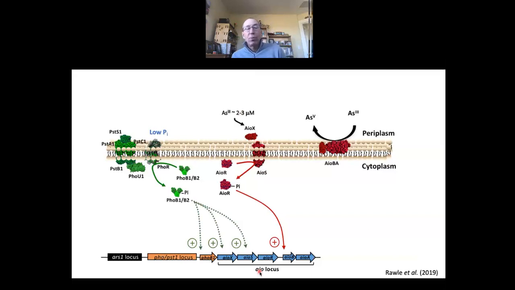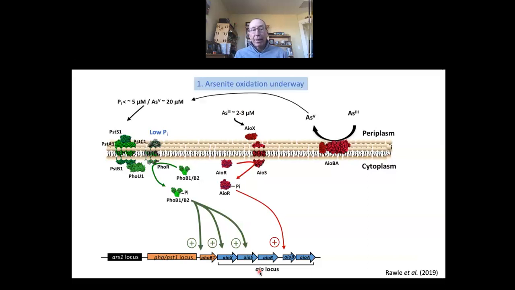So let's look a little more closely at what is happening under these conditions that we're using. When we have low phosphate, we're activating the phosphate stress response and this Aio locus. So in the presence of arsenite, we see activation of this. Then the cell is converting arsenite to arsenate.